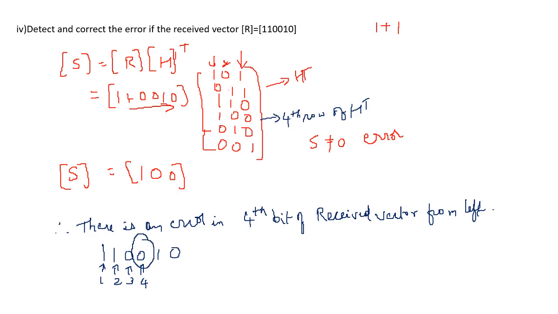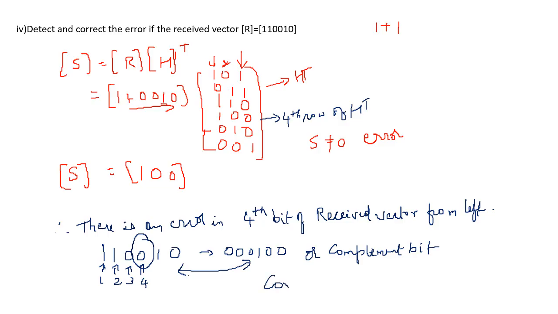Now how to correct it? Correcting means either we XOR the received vector with the error pattern 0 0 0 1 0 0, or we complement the respective bit position.